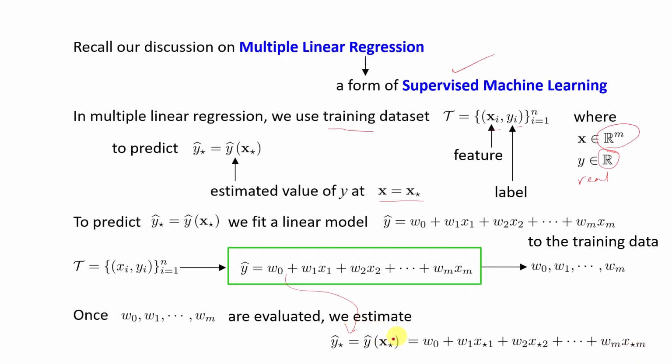Here x star is a vector that has the components x star 1, x star 2, etc. So now let us think about how we can represent this entire operation of multiple linear regression in the form of an artificial neuron.